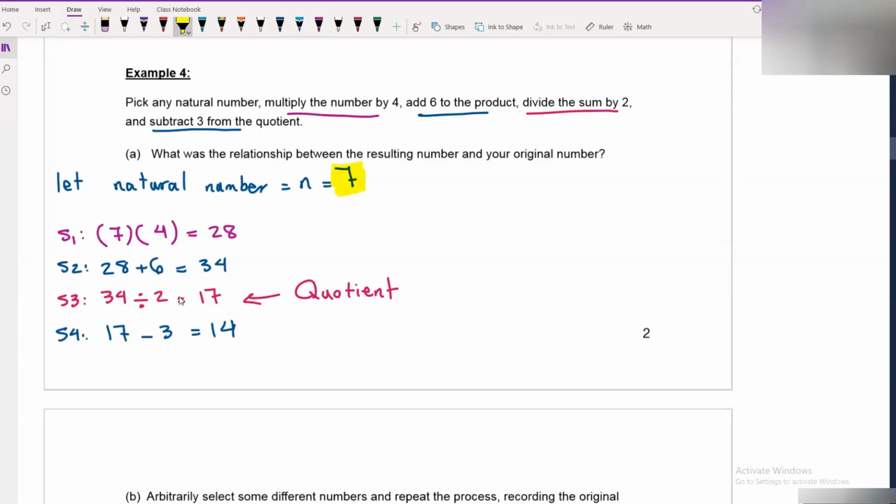So this was the original number, but this is the final answer. And it's asking to compare these two, 7 and 14, and see what is the relation between these two numbers. Doubled, 14. We can write 7 times 2 is 14.